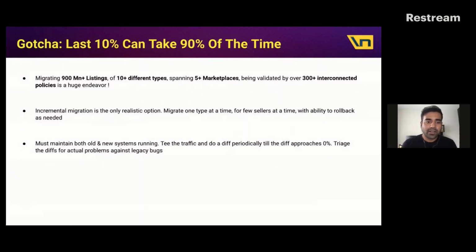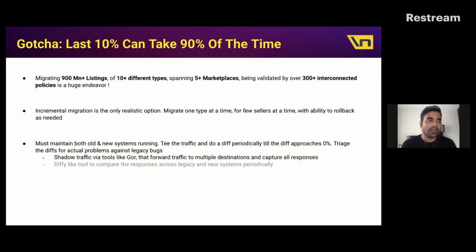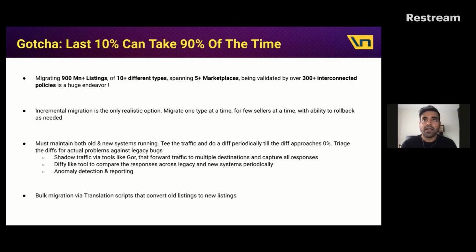And this came with the challenge that you had to keep both the old and the new systems running. So we did things like shadow traffic replication, automated anomaly detection and reporting, and supplementing that with bulk migration. This was an approach that helped us actually transition into this new system.